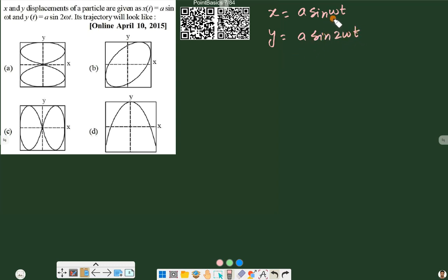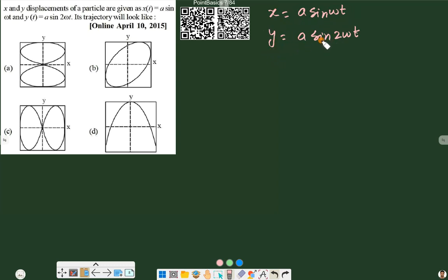Now we can see that omega is different for both of them. So we will not use the Lissajous equation, because Lissajous equations are applicable only when angular velocity or time period is the same for both. They just have some phase difference. So we have to form the y and x equation by only using these equations.